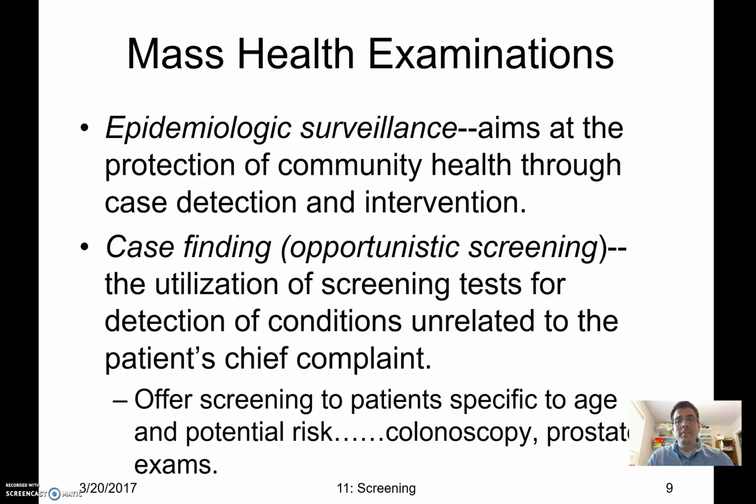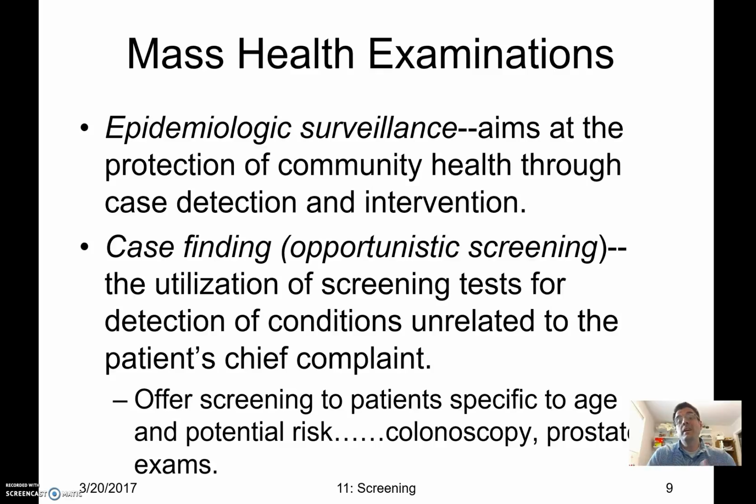With mass health examinations, there's a lot of surveillance that can be completed using surveillance tools or screening tools, and it aims at the protection of community health through case detection and intervention.